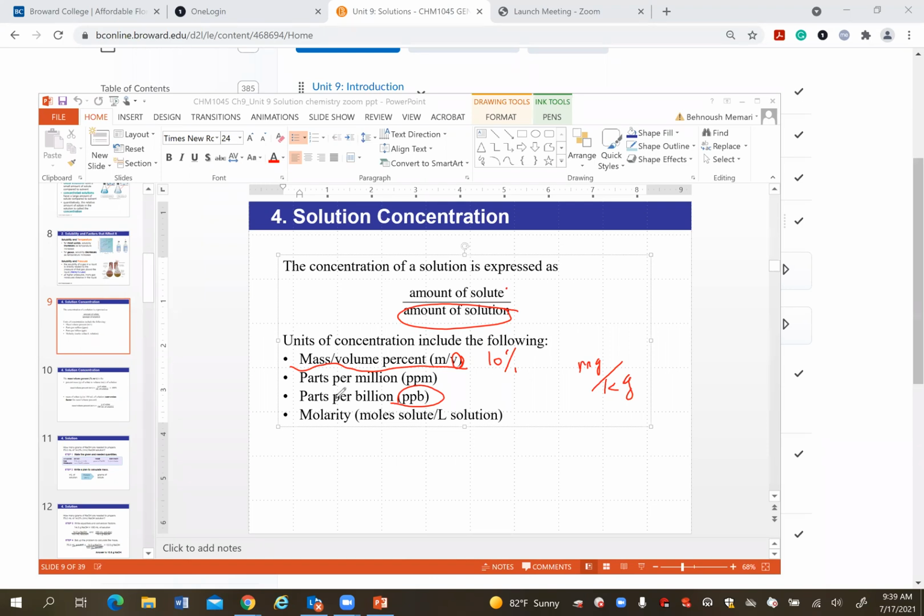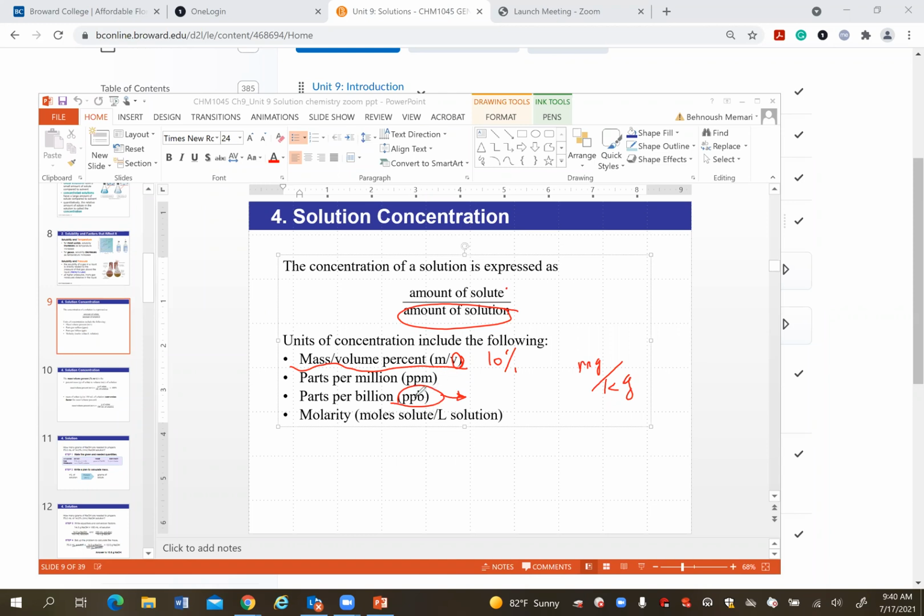Or let's say they want to find the water quality and find out how much mercury is in that water. Hopefully it's in the parts per billion, because if it's a higher number, it's going to cause cancer to most of the population and it's very dangerous, like if you have a high concentration of lead or mercury in water.